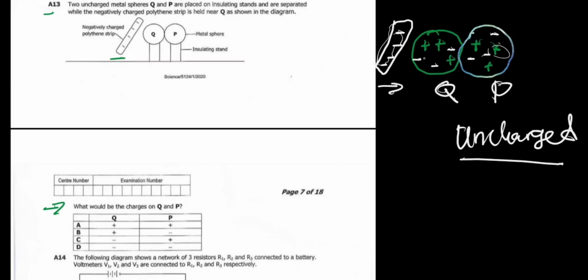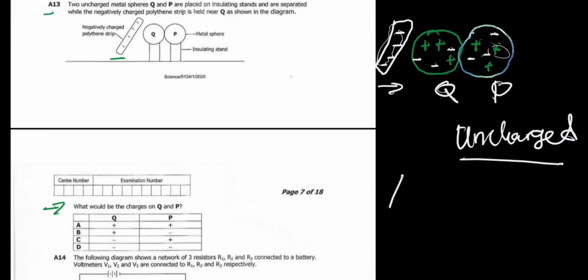So this is going to leave sphere Q with a net positive charge, and sphere P is going to be left with a net negative charge.